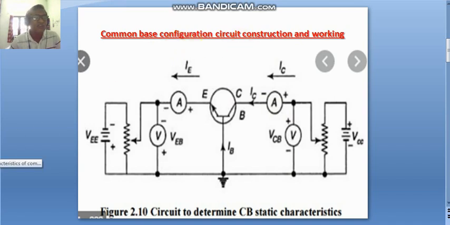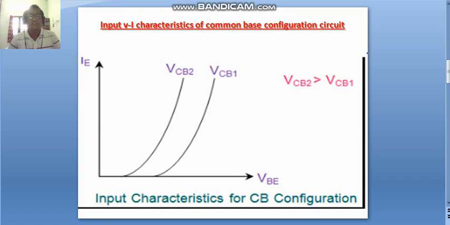Here if you come to the graph, this graph represents only the input curve. VBE is the voltage between base and emitter, because this is the input voltage, and IE is the input current which passes through the emitter.